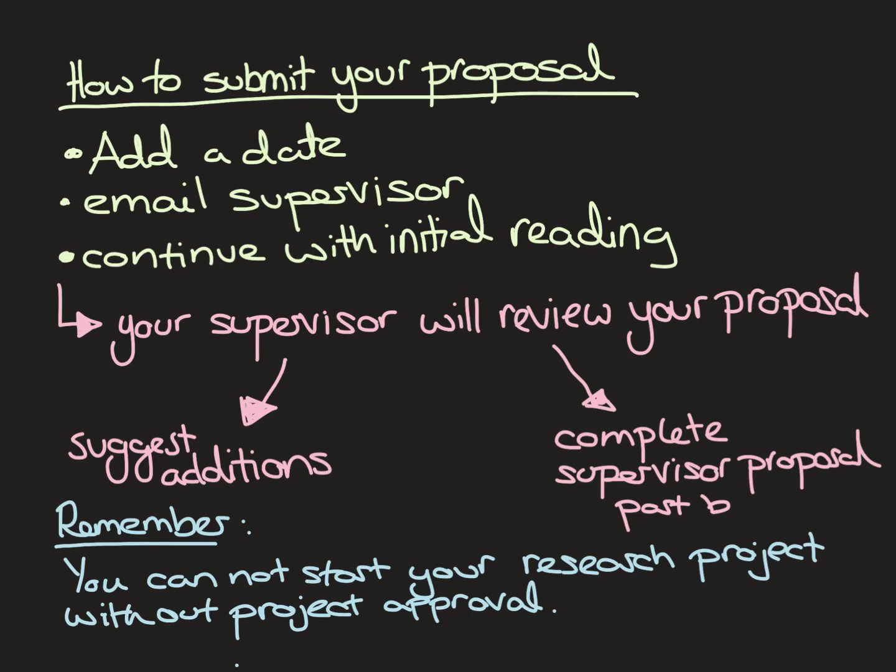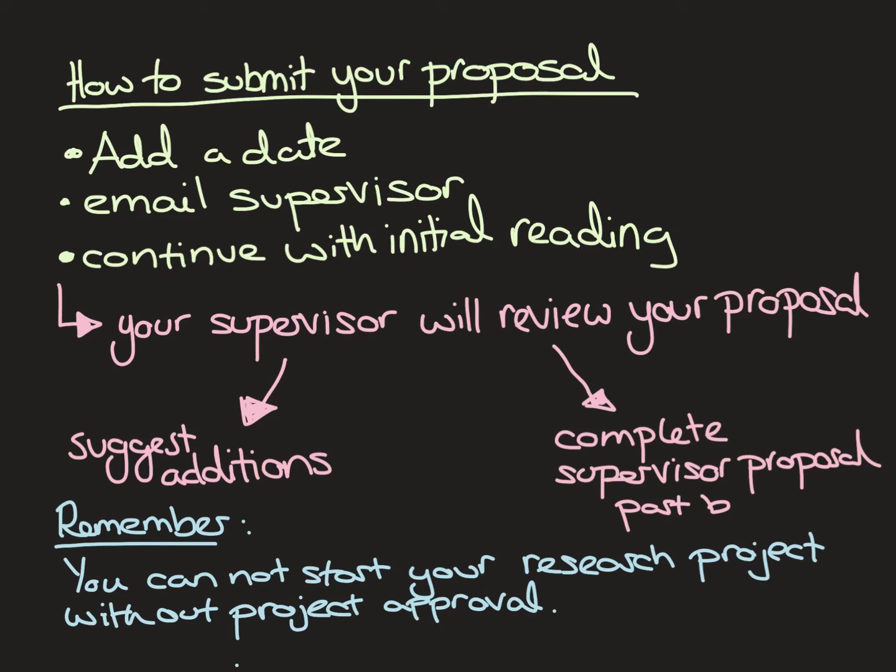Please, please, please remember that you cannot start your research project until you have had project approval from Part C. Sometimes we get people that are so keen to start their project, they just start the research, and then when they get the Part C approval or feedback, it turns out that there's a dual accreditation issue, or a safeguarding issue, or an issue with it being too descriptive.